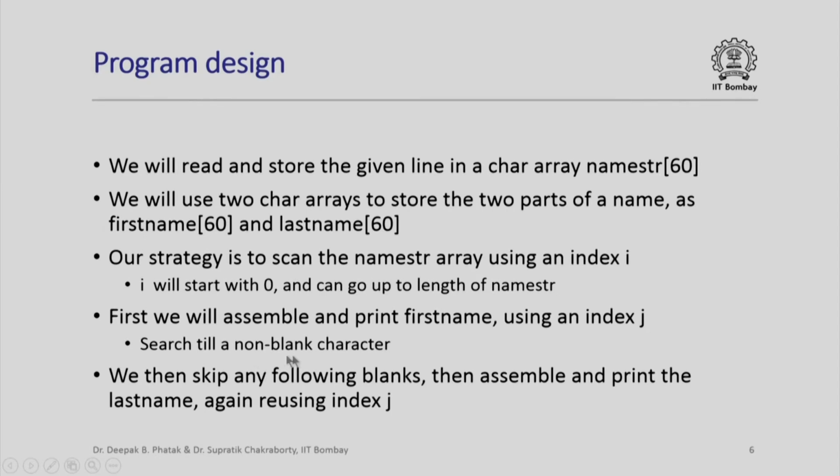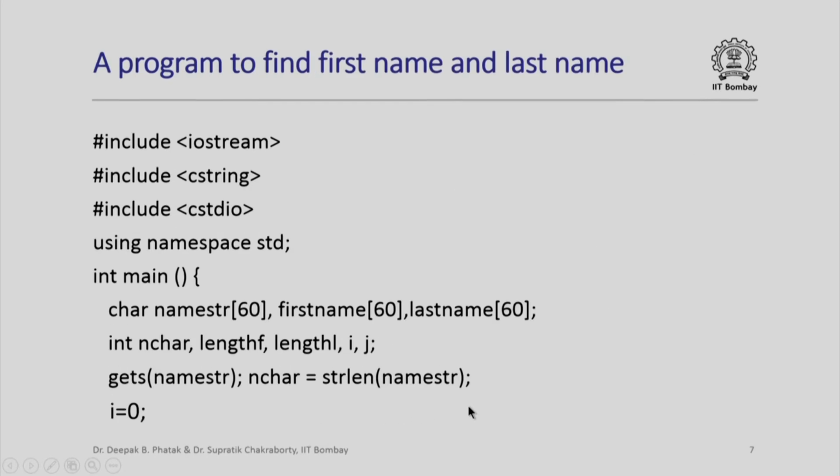We will search till a non-blank character, because the first name will contain non-blank characters. We keep going till the last non-blank character is read; once a blank character is seen, the word has ended. After that, we will skip any following blanks and then assemble and print the last name, again reusing the index j.